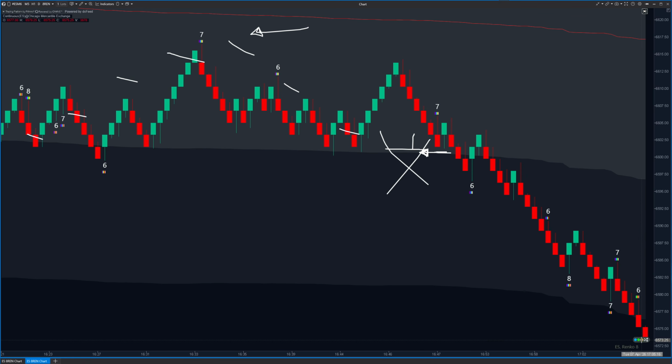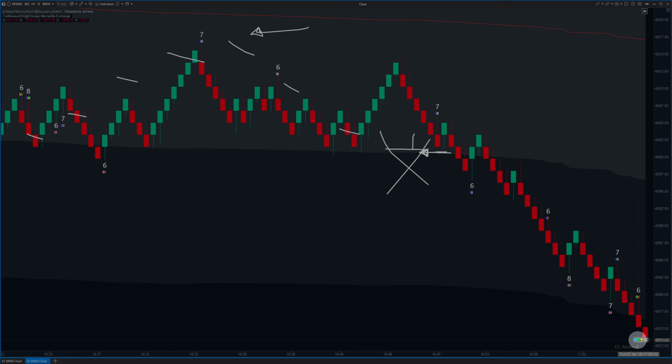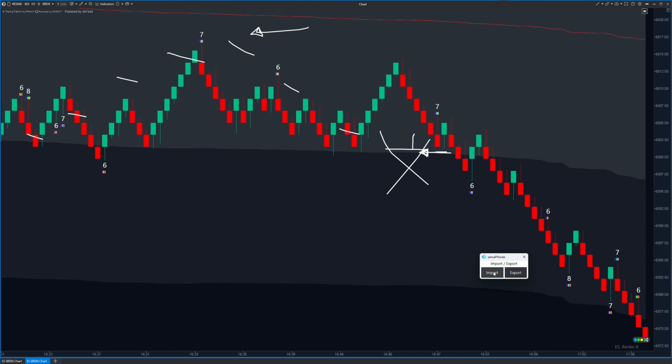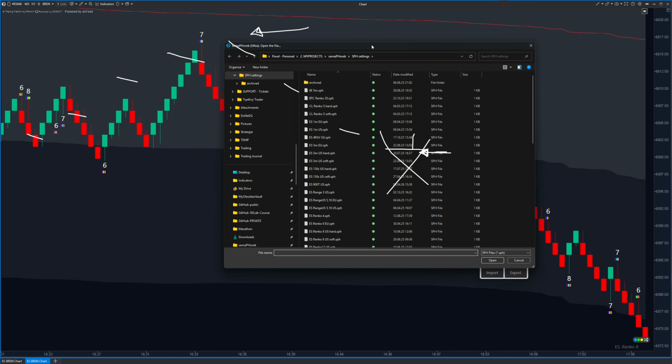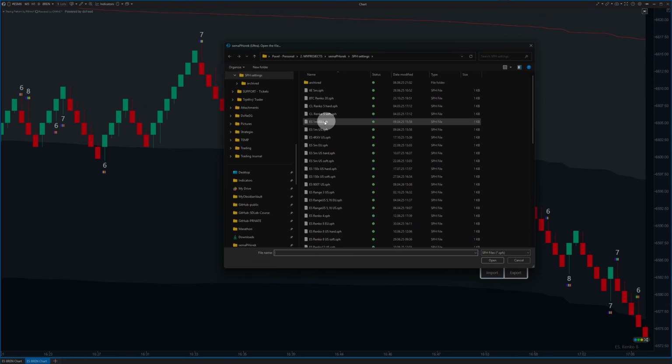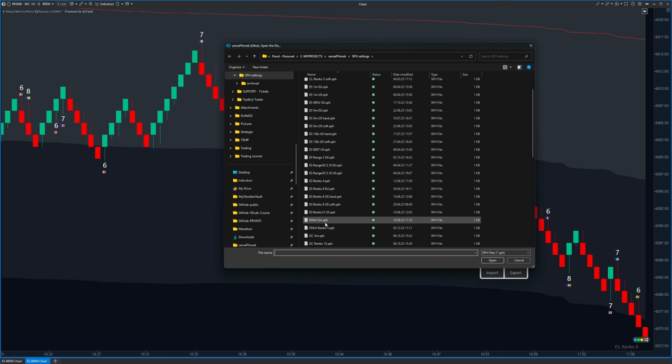All you need to do is click here at this icon with these 3 lights and load the settings. You can either export the settings or load the settings. When you load the settings, I prepared some settings, such as for S&P, starting here from 1 minute, EU means European session, up to Renko 12 US, which means Renko 12 American session.